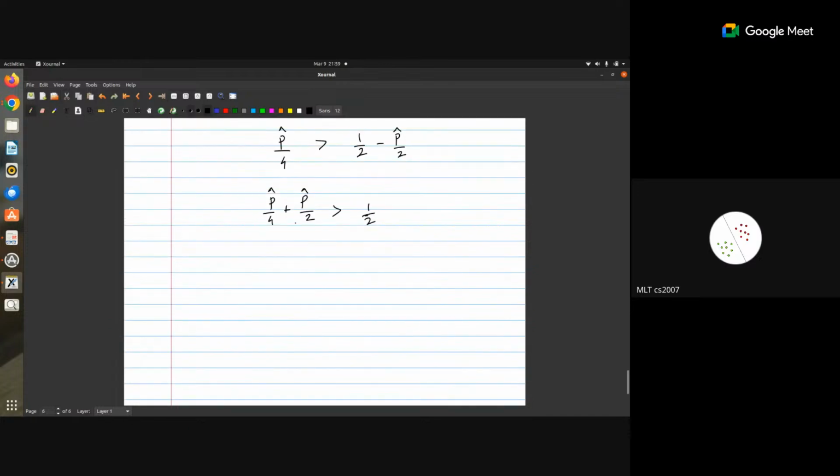Multiplying by 4, 3 p hat by 4 is greater than 1 by 2, and p hat should be greater than 4 by 3 into 1 by 2, so basically 2 by 3. It is said that in the tiebreaker case, that should be fine, it should be this part.